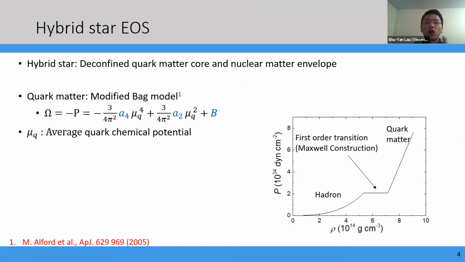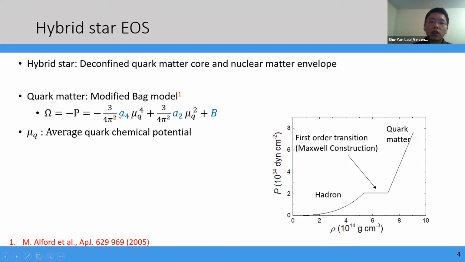In order to construct the background model, we consider the hybrid star equations of state, which we construct by joining the normal neutron star equation of state at low density with the quark matter model at high density. For the quark matter part, we consider the modified bag model, first used by Mark Alford in 2005. This model describes the grand potential of the quark matter as a quartic function of the average quark chemical potential.